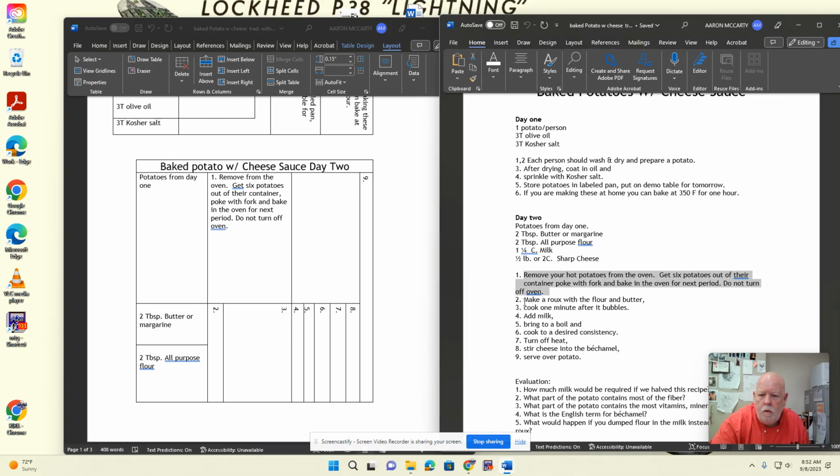Step 2, make a roux with the flour and butter. Step 2 is here.